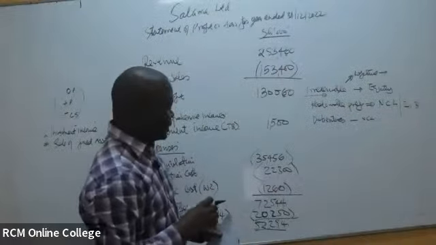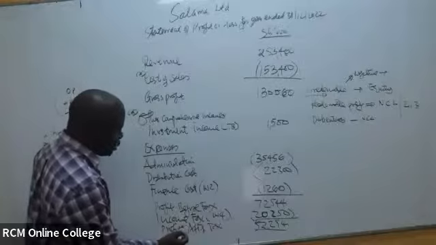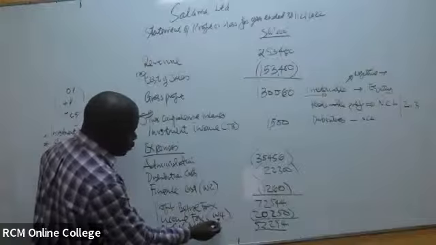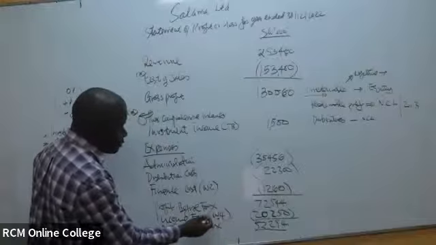So I can see Andrew is asking about the income tax. Andrew, there is a computation we did for income tax, working number 4. Kindly confirm if you have that working or if you don't.